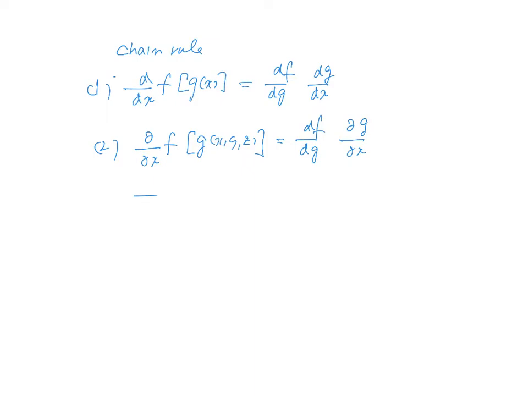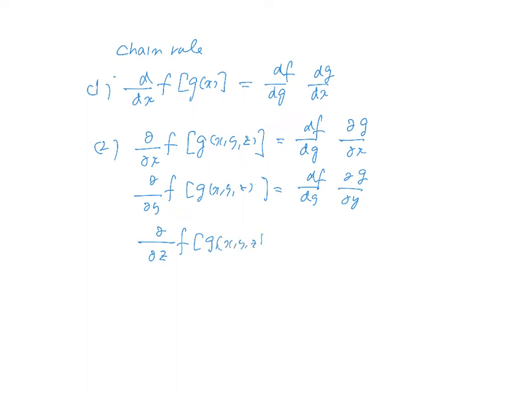Likewise, partial y of f(g(x,y,z)) is df/dg times partial g partial y, and partial z of f(g(x,y,z)) is df/dg times partial g partial z.